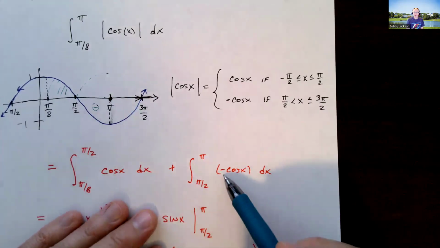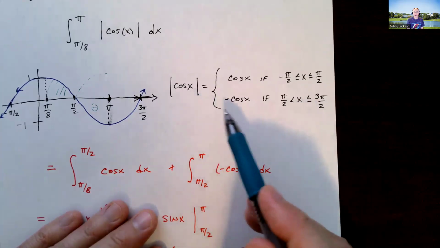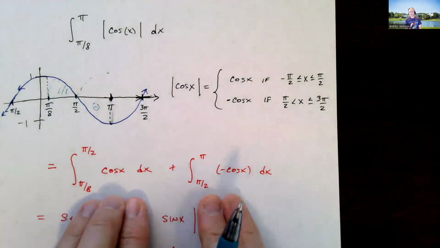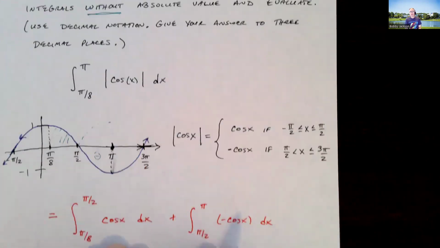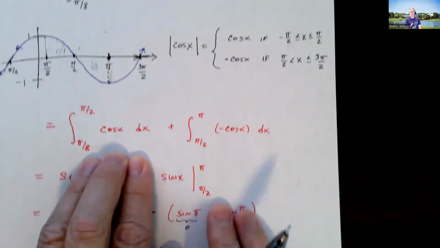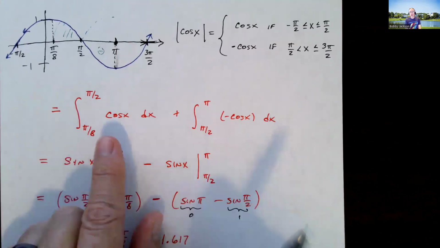Of course, we'll integrate negative cosine of x because on that interval, the absolute value of cosine of x is indeed negative cosine of x. So this is the first part. You have to have this down. This is the first part of the answer, right? Rewrite the integral as a sum of integrals without the absolute value. And there they are.